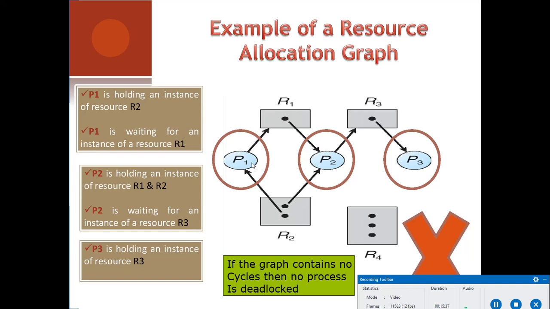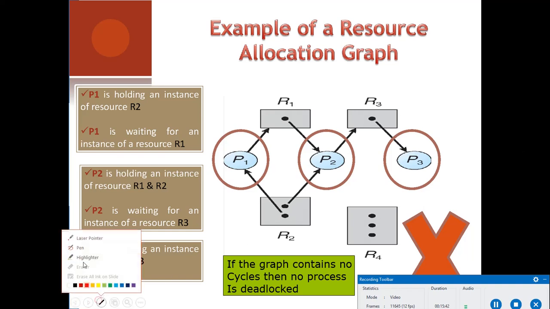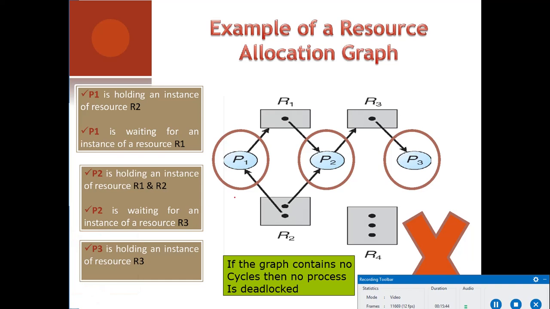There are three processes: process P1, process P2 and process P3. And there are four resources: resource R1, resource R2, resource R3 and resource R4. Resource R1 has only one instance, resource R2 has two instances, resource R3 has one instance, resource R4 has three instances. Now let's talk about the edges.